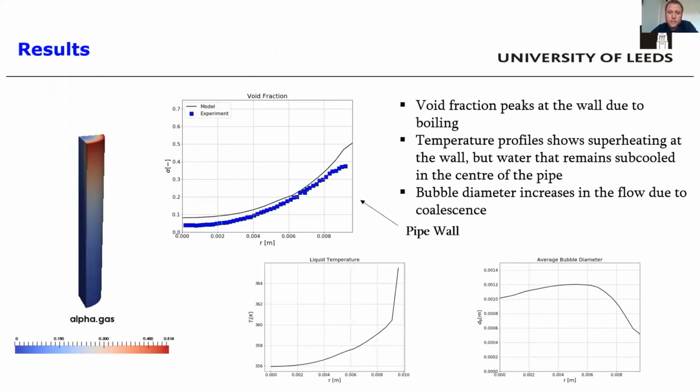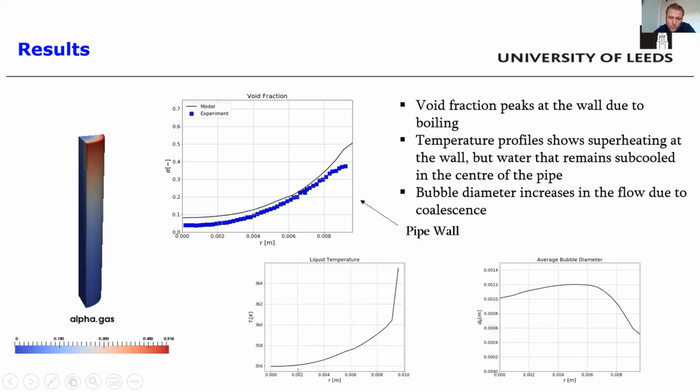Some results, as I did before, you see the volume fraction here that starts from 0 at the bottom, and then starts to boil here after half the pipe, and there is significant boiling near the wall. You see the comparison against the experiment of the volume fraction, quite good, not perfect, a bit too much void generated, but still good.